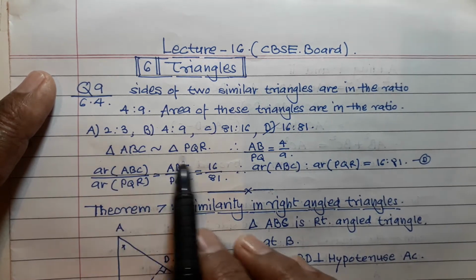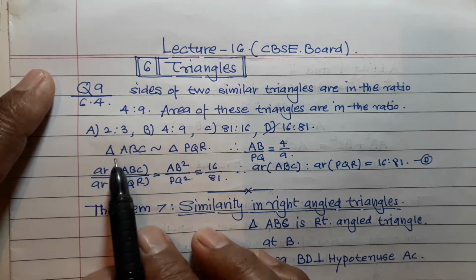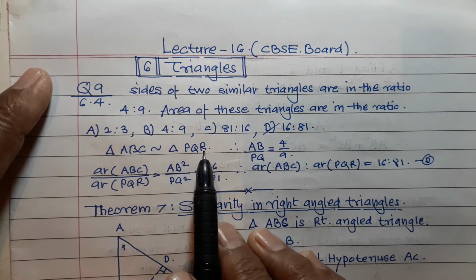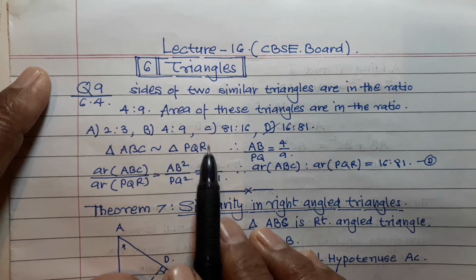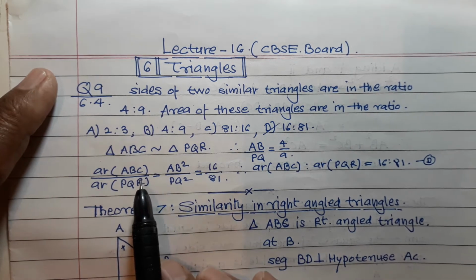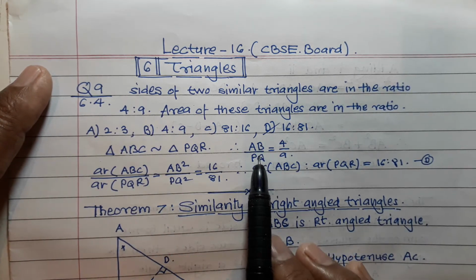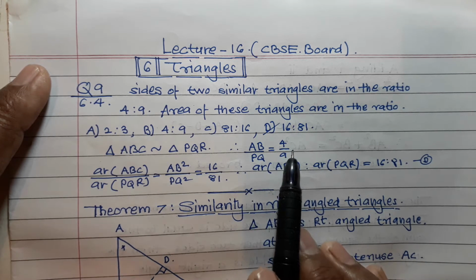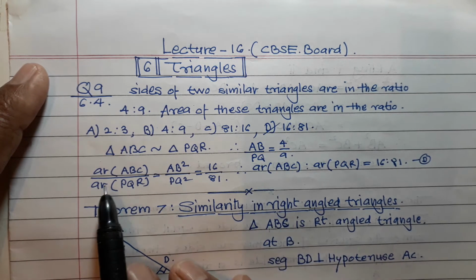Now try to understand. Triangle ABC is similar to triangle PQR, and therefore AB upon PQ is equal to 4 upon 9, given.